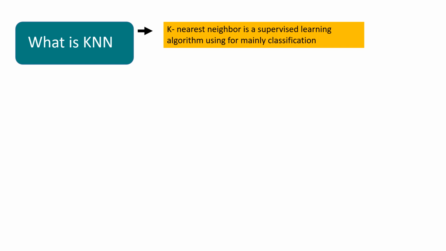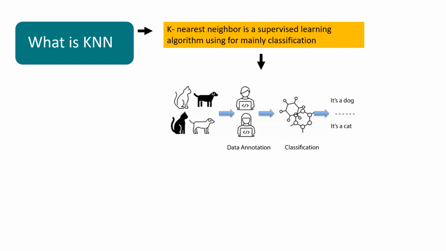K nearest neighbor is a supervised learning algorithm used mainly for classification, which means when given an input to a trained model, we want to know whether the input image is a cat or a dog.